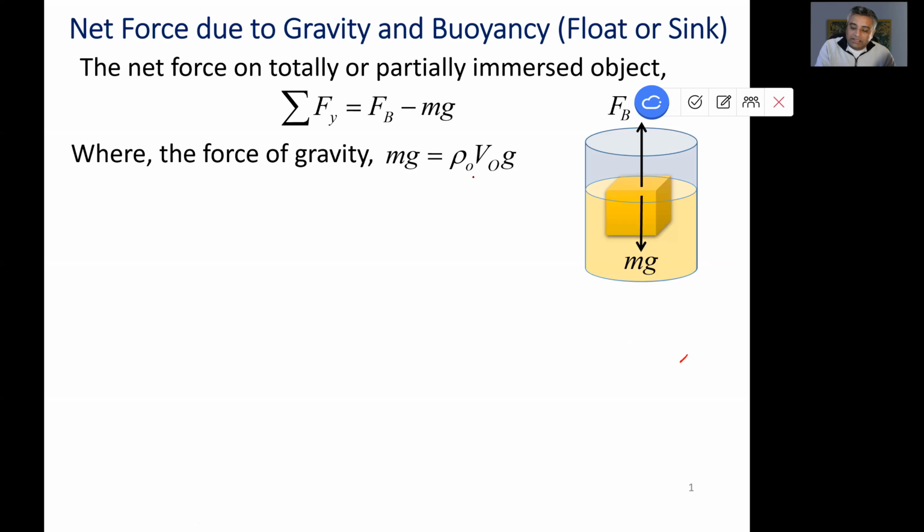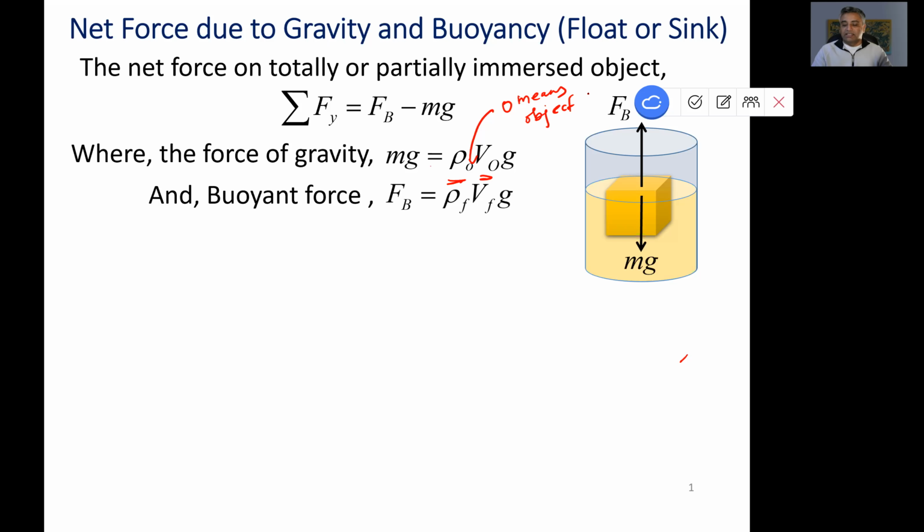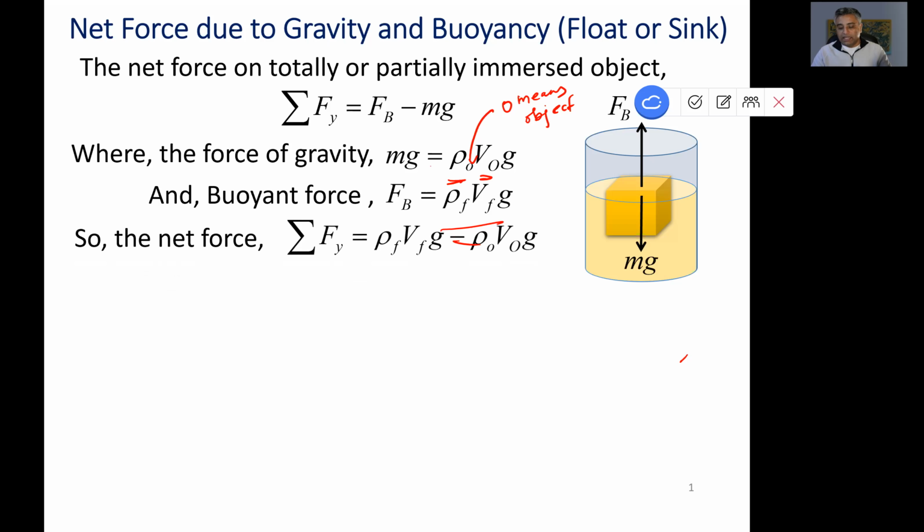So mass is density times volume. O here means object, the object that's in the fluid, and F is fluid. Buoyant force, we just wrote that down, right? So let's plug that into that equation, so that becomes net force in terms of density and volumes.